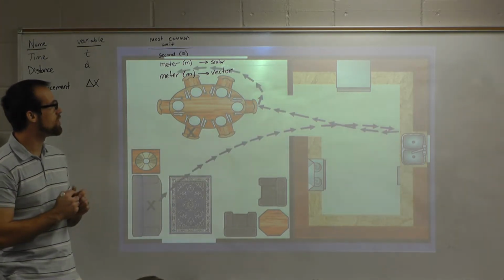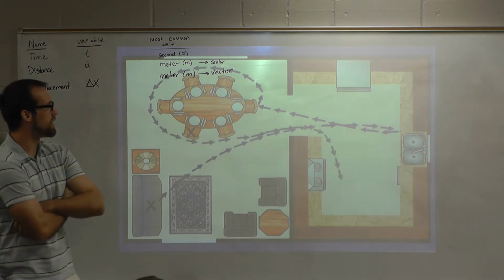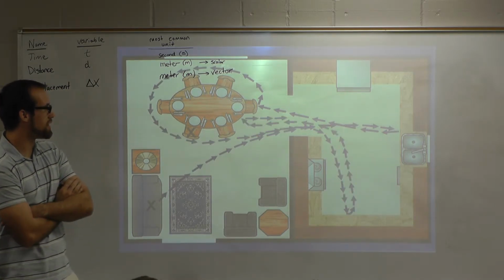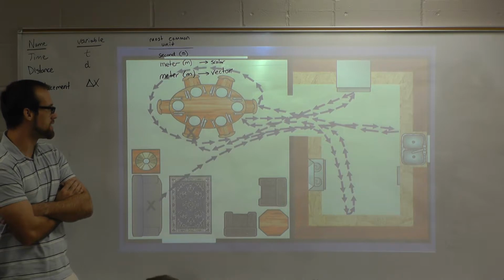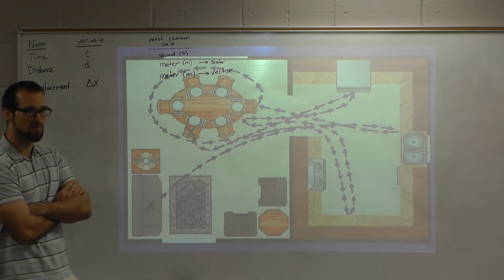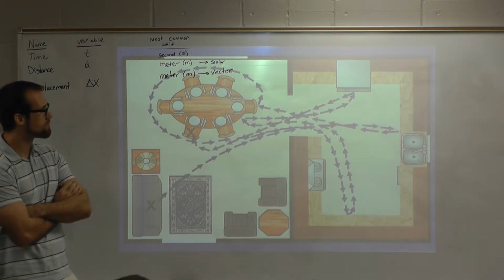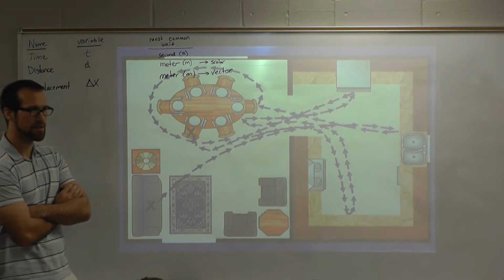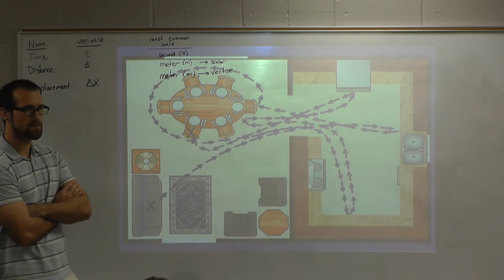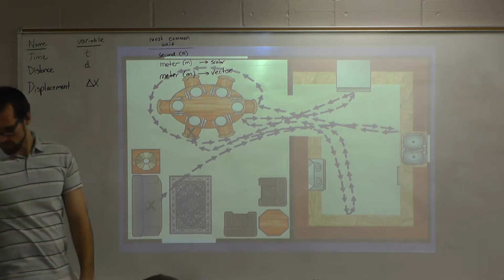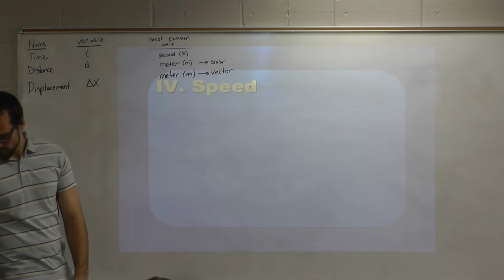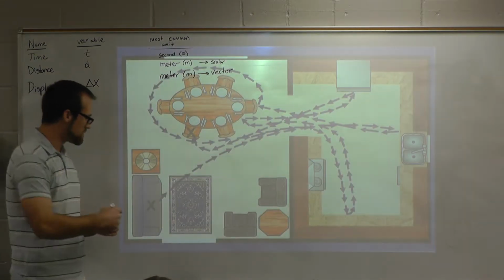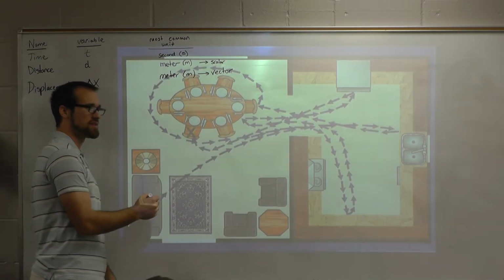You go in, you get some water, go around there, just kind of wandering around. There's really no reason, you want to get something to eat, and then you go back. Traveled a lot of distance, didn't I? What's my displacement? Just from couch to chair. My displacement is final minus initial.